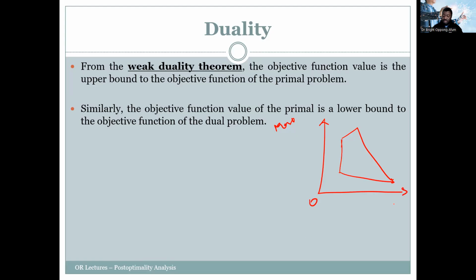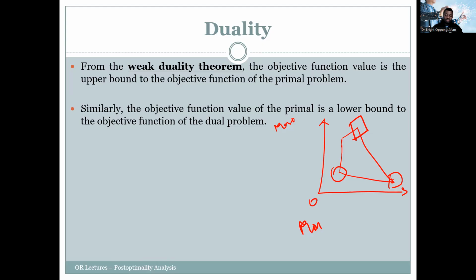The objective function is around this area, outside of the origin, and it forms the upper bound of the primal. However, when you look at the dual, which is minimization, it's also formed somewhere here. That is the lower bound of the objective function.